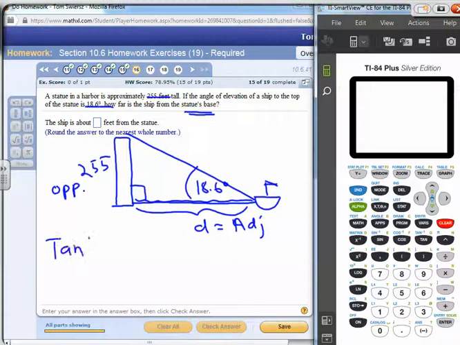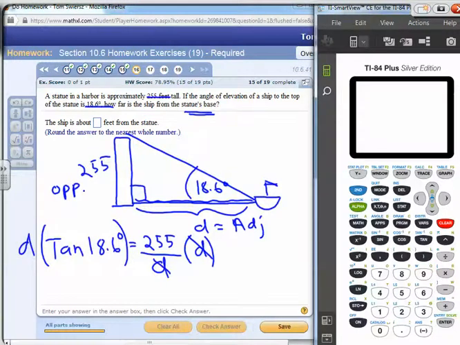So the tangent of the angle, which is 18.6 degrees, is the side opposite, 255, divided by the adjacent, which is D. So again, we're missing the side in the denominator, so we've got the extra algebra step. Multiply both sides by D. The D's cancel, and we get D times the tangent of 18.6 is equal to 255.